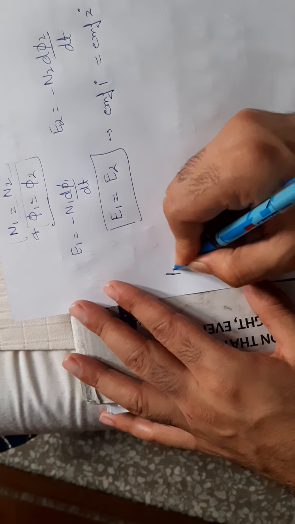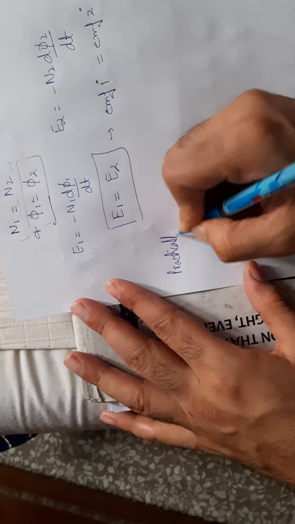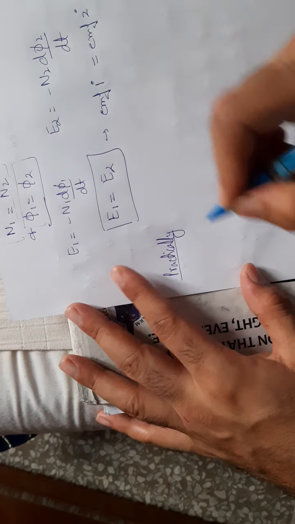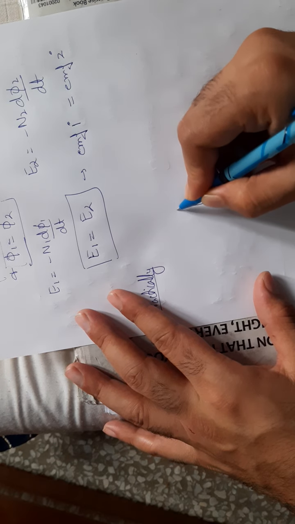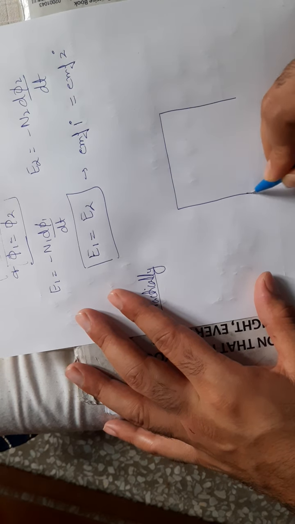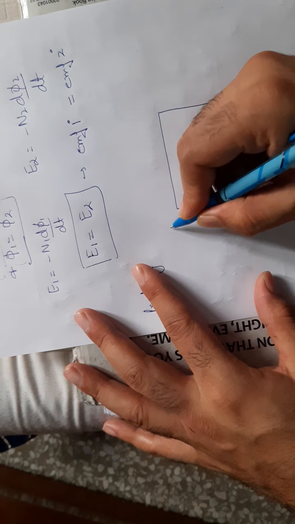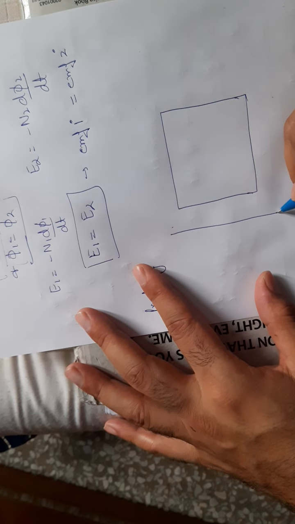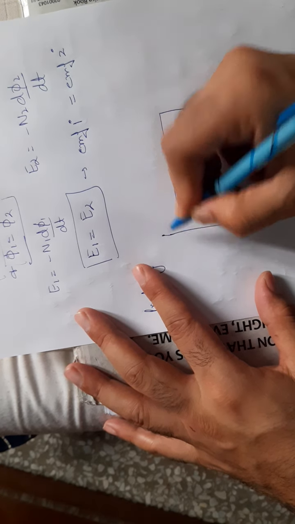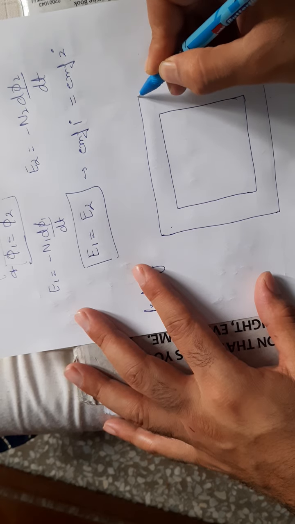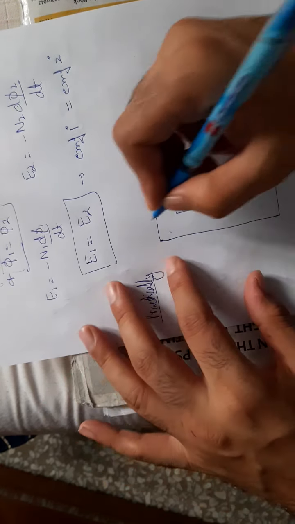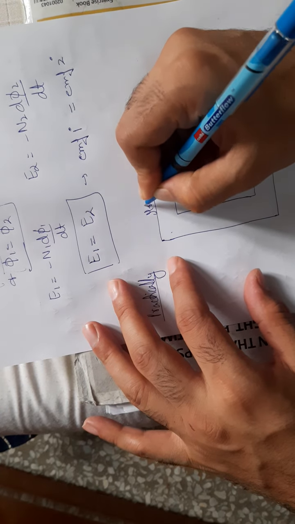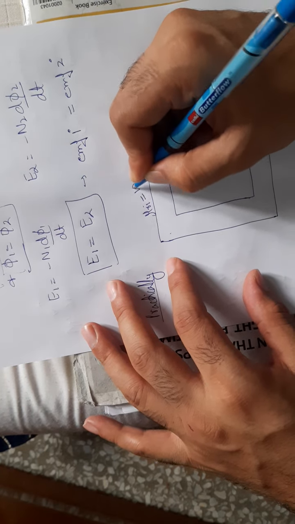I am now seeking a practical transformer. So again I will draw the circuit. Again, this is a core. Suppose it is an iron core which has very high permeability, suppose 1000.